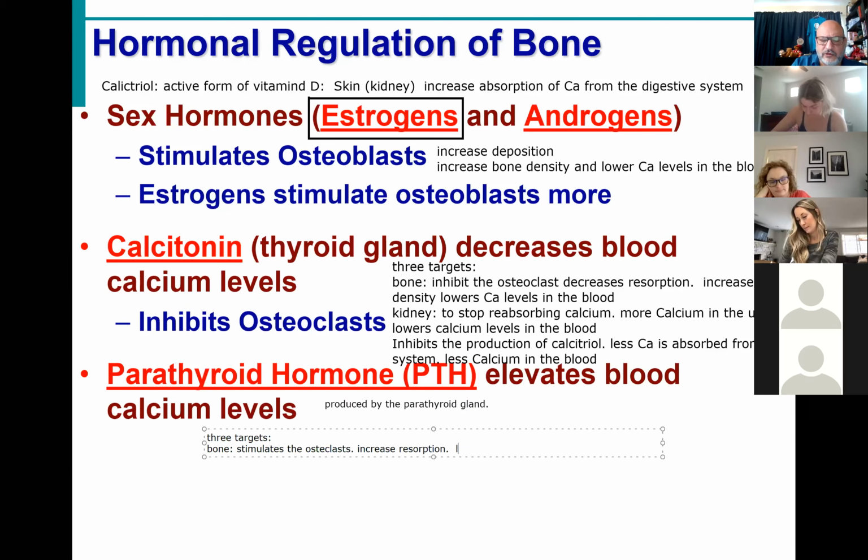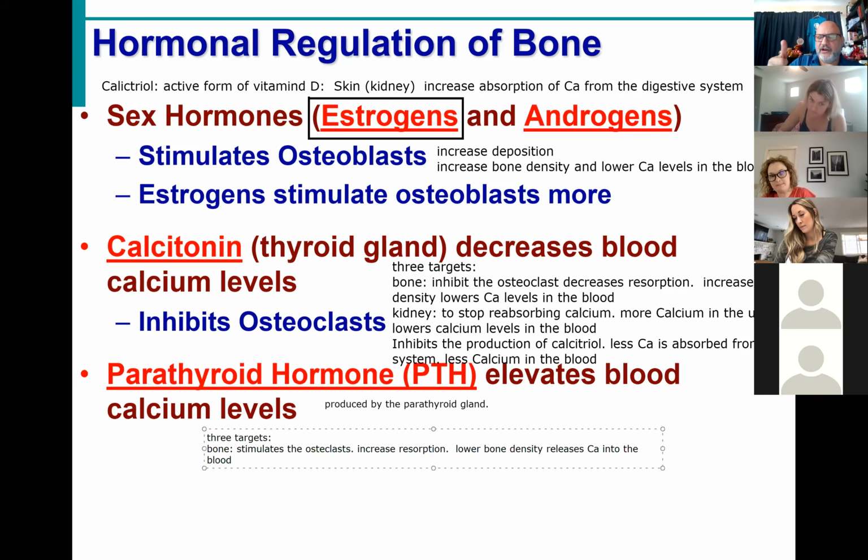That is going to lower bone density because now we're breaking down the bone matrix faster than we're making it. So it lowers the bone density, but it releases calcium into the blood. And that brings blood levels up of the calcium. It also targets the kidney.